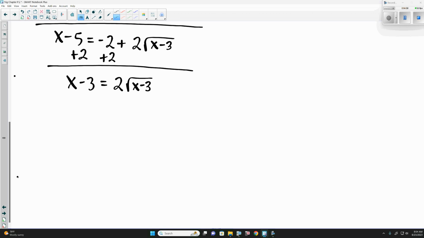Now at this point we could square it. There's nothing wrong with doing that, or we can divide by 2. I think it's going to be a little bit easier for us if we just square both sides.